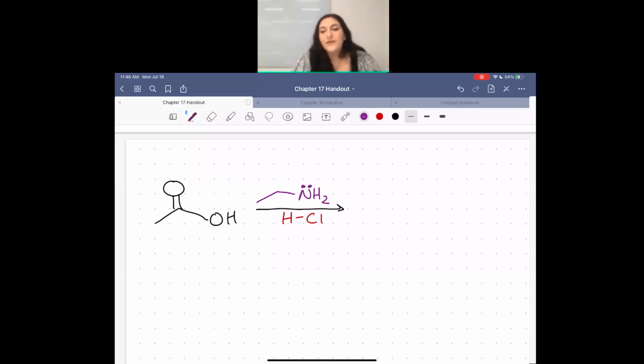But the way we can distinguish this from the imine reaction is the imine reaction only happens with an aldehyde or a ketone. This is a carboxylic acid derivative. So instead, we're going to do a substitution. All right.